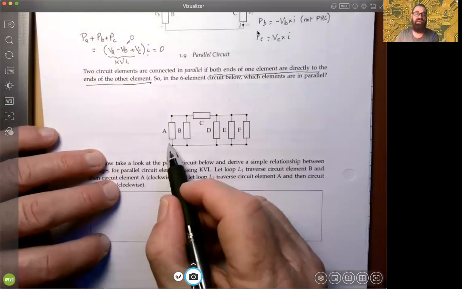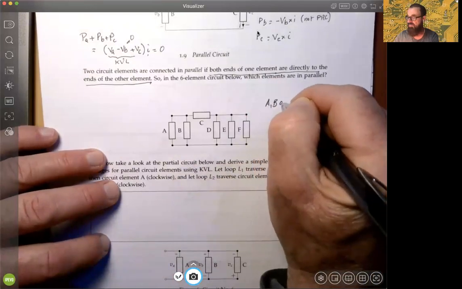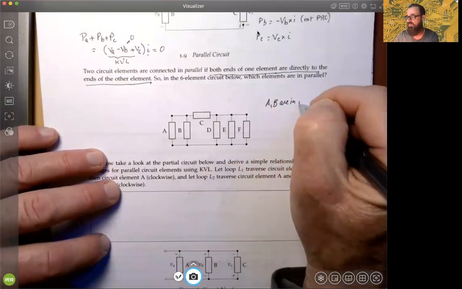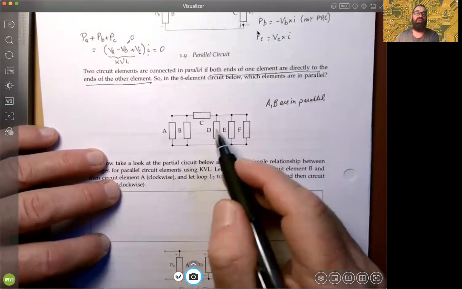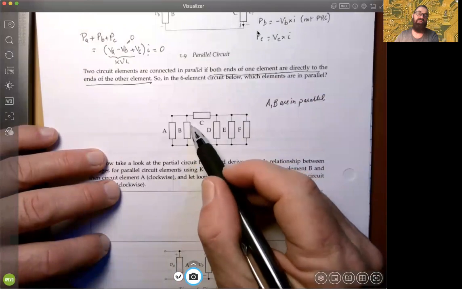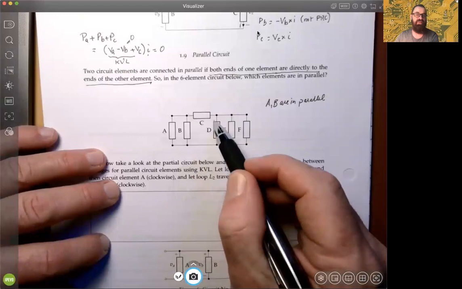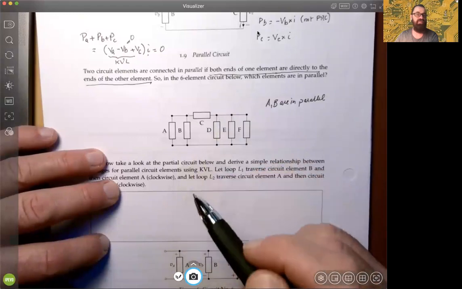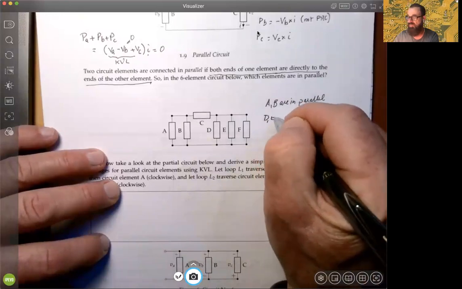So if we look, scanning left to right, clearly A and B are in parallel. Now, you may say, well, wait, is B and C? Well, no, because their tops are connected, but their bottoms are not, because there's other circuit elements in the way. But D, E, and F certainly are.